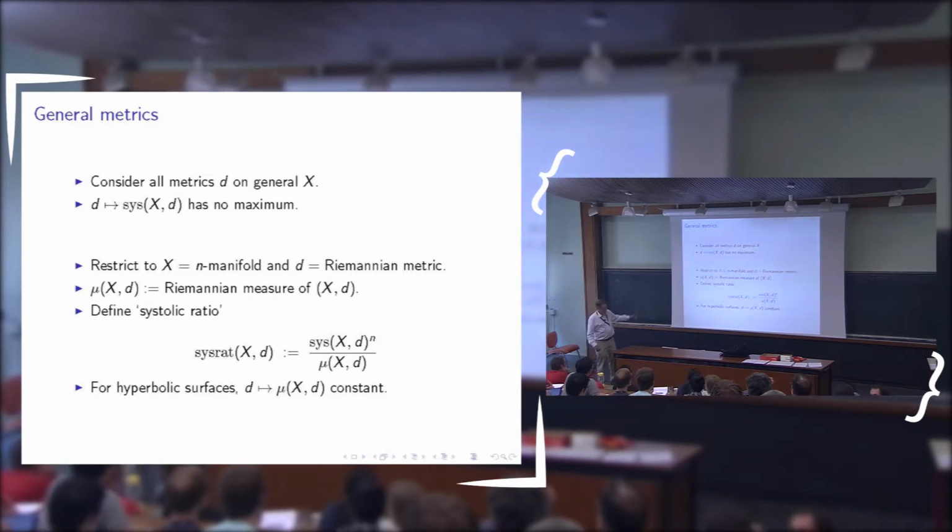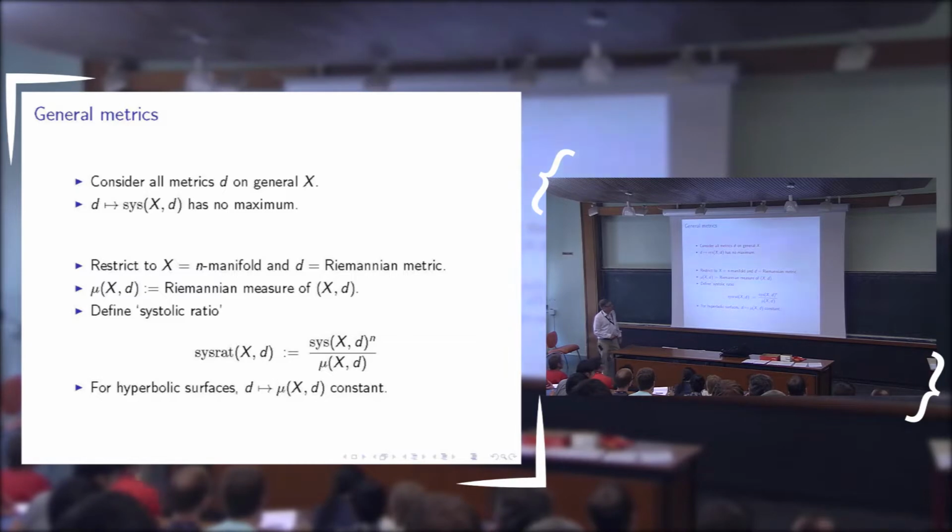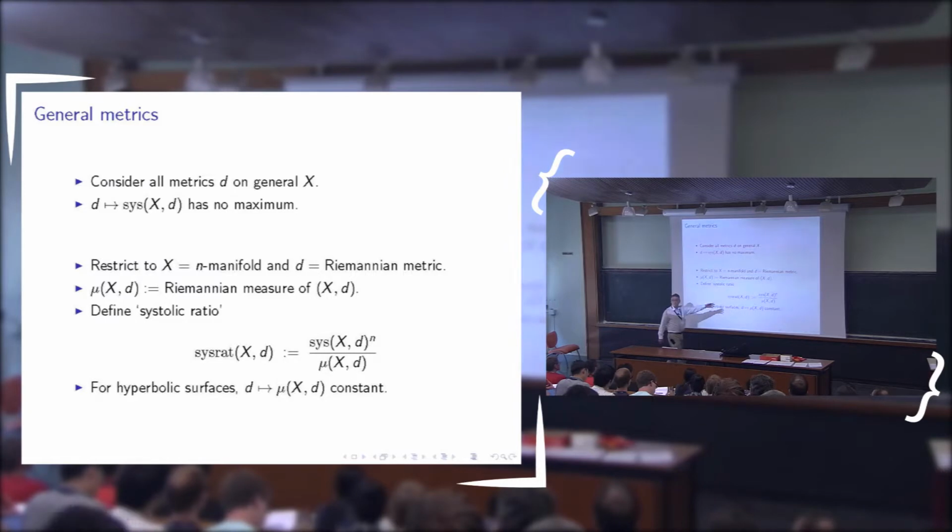And so one way to make this look nice is you just restrict to a manifold with a Riemannian metric, say, and you take the systolic ratio, you raise it to the nth power, if it's an n-manifold, and divide by the measure. This makes it homogeneous of degree 0. It's a homogeneous function of degree 0, so when I rescale, I see nothing.